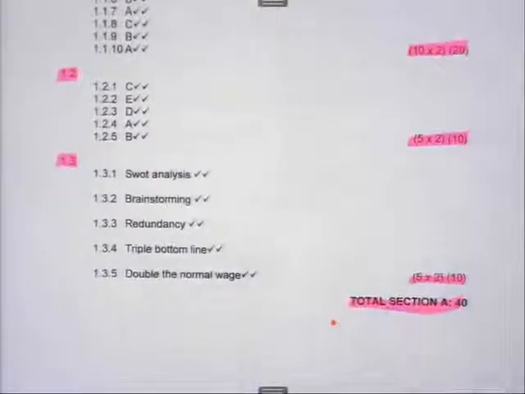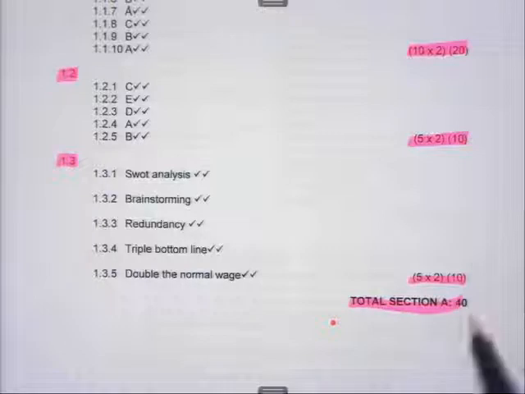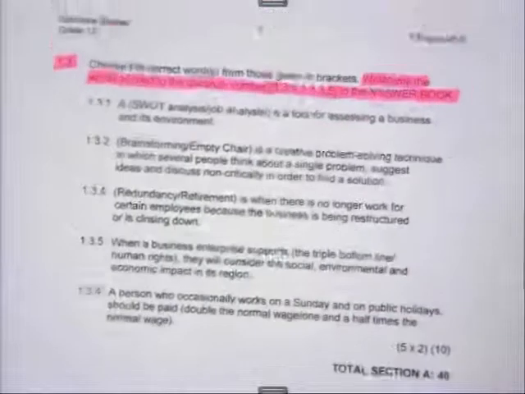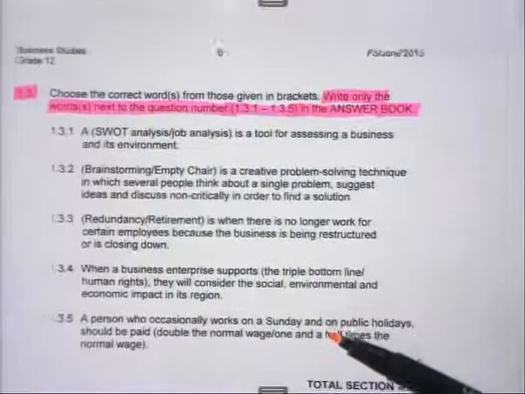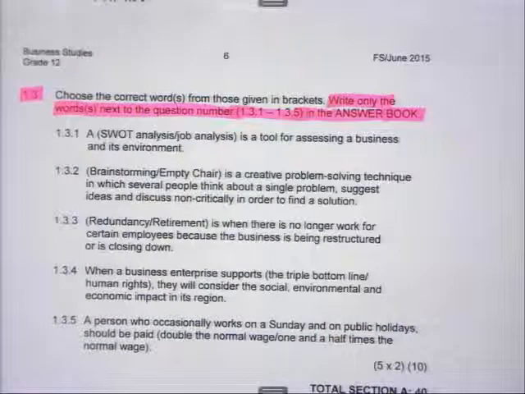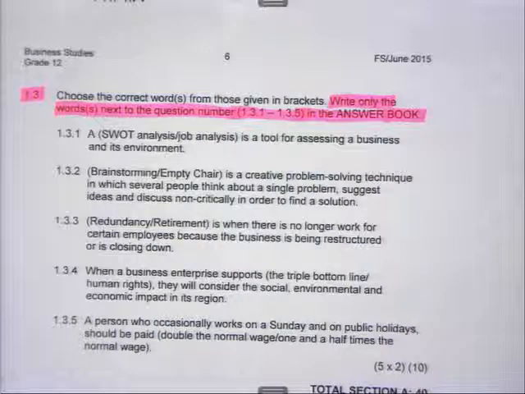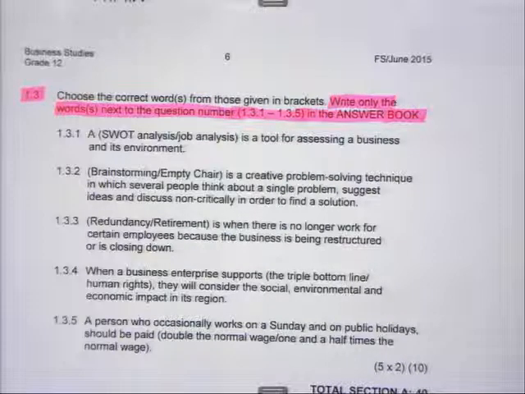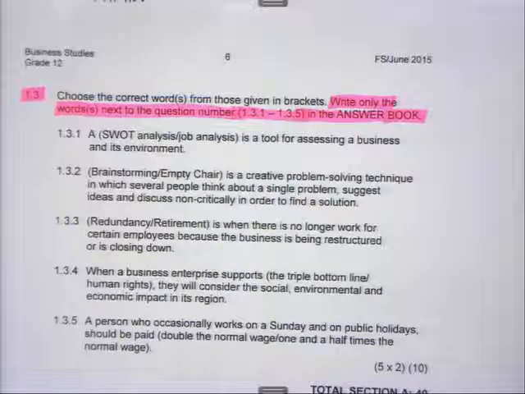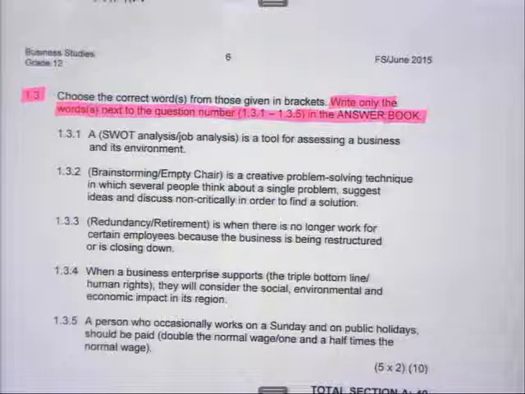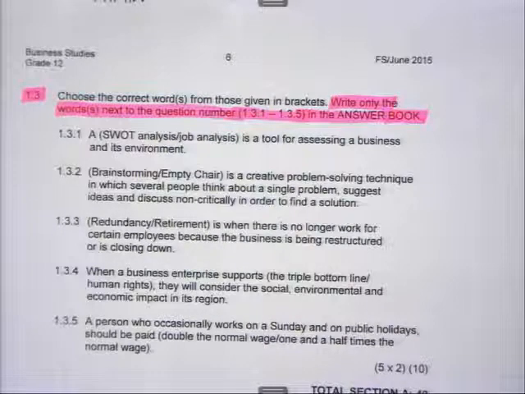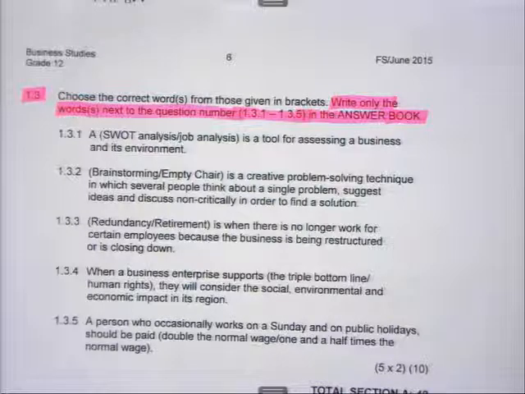The same applies to question 1.3. Choose the correct words from those given in brackets. Write only the words next to the question number, 1.3.1, and then in the answer book, you write only the word or the words.